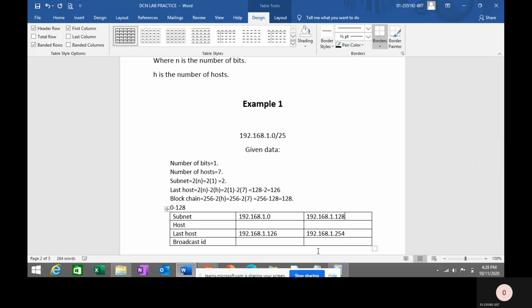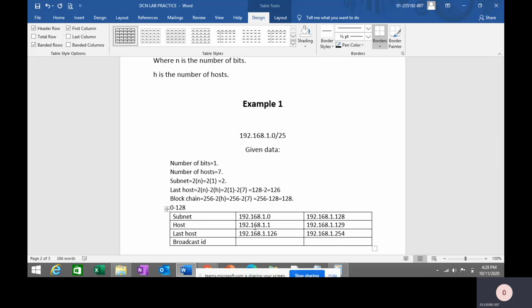Okay. Now, since I have the last hosts as well as the subnets, I will be able to determine the host as well as the broadcast ID easily. The hosts are 192.168.1.1 and 192.168.1.129.